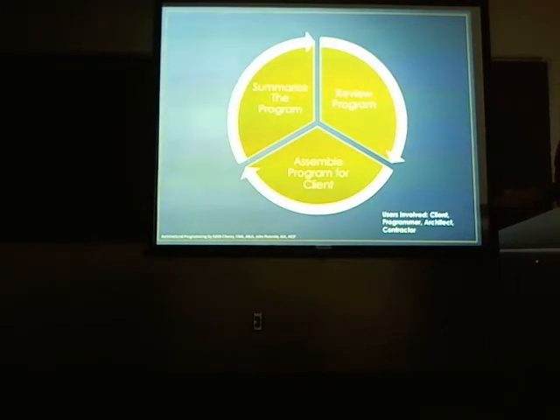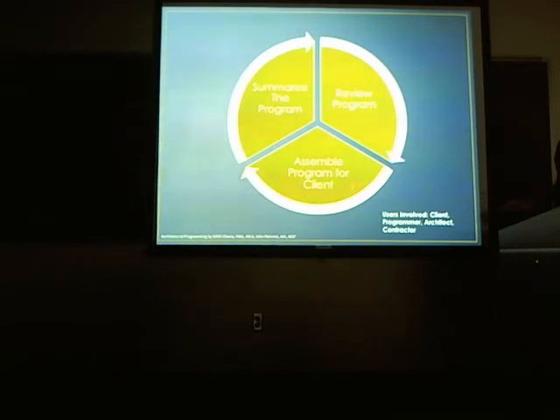And here's another circular diagram. Summarize, review, assemble, and I don't get it. Is there an entry point? And you're just summarizing it. Is this the whole program? Does it start here?